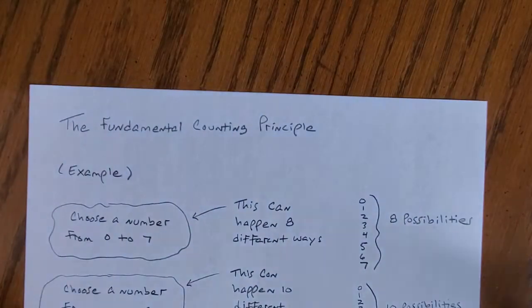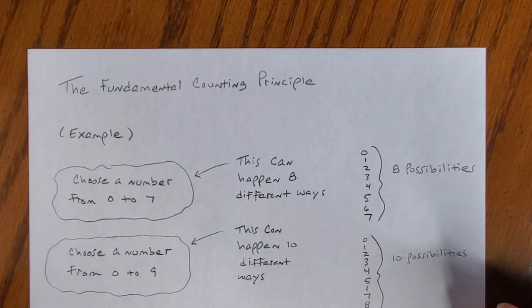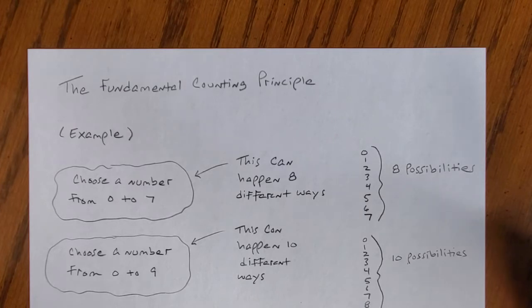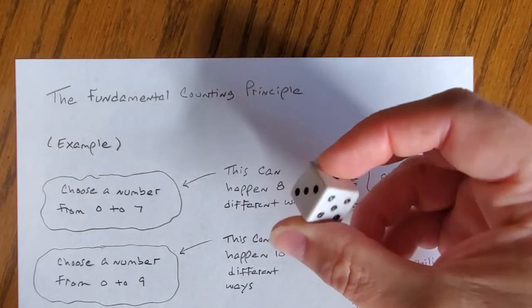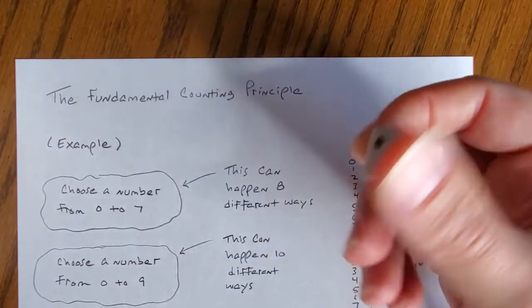So let's talk about something called the fundamental counting principle, because sometimes we need to deal with events that happen in too many ways for us to count. Like here, I can count the 6 sides of the die. It's not hard to look at it.